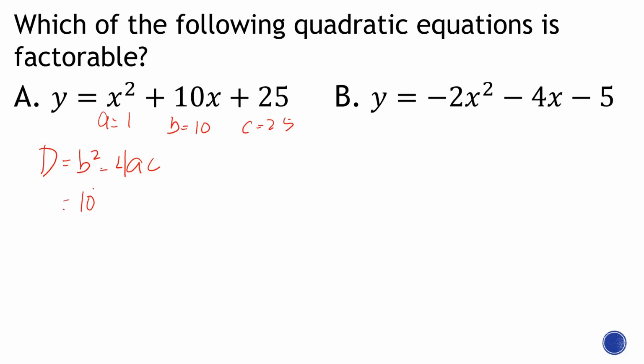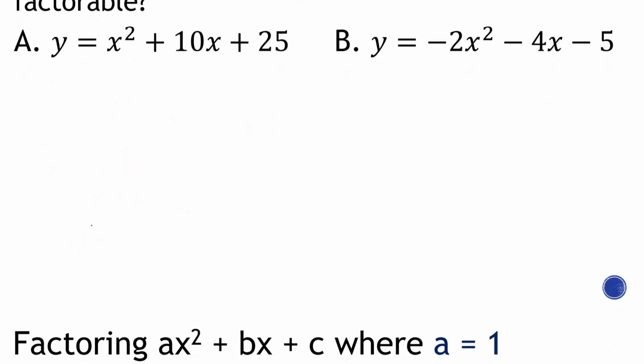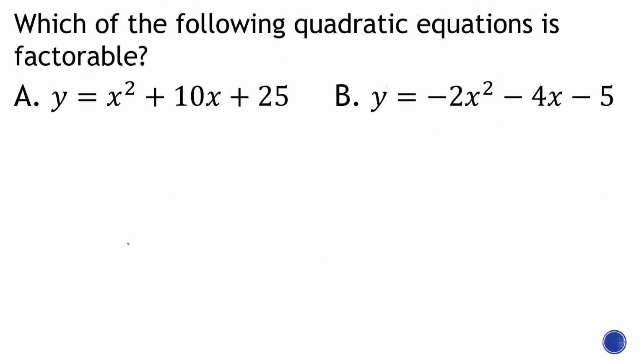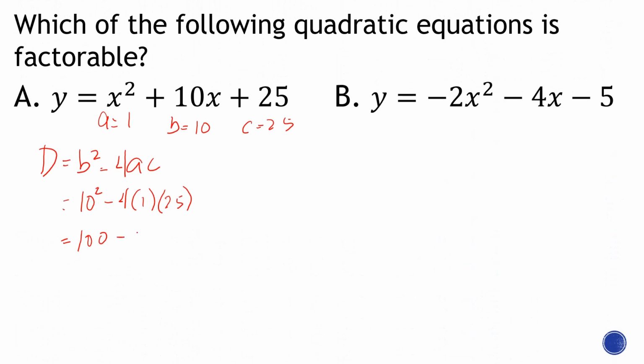So this is 10 squared minus 4 times a, which is 1, times c, which is 25. That is 100 minus 100, which is equal to 0.